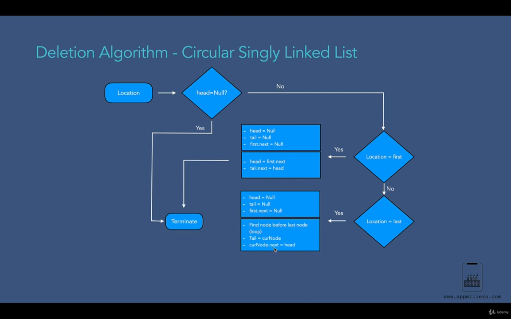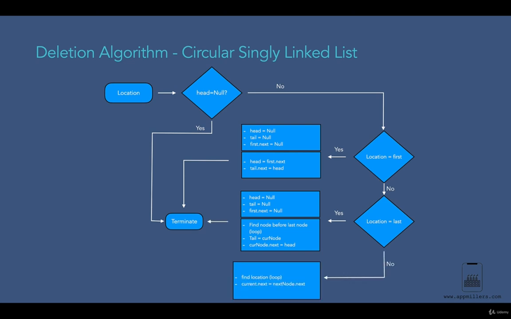By setting current node dot next to head, we are creating a reference between the current node and the first node. With this, the link between the last node and the first node gets deleted, and the link between tail and the last node gets deleted. So the last node is not referenced by any node, and it is going to be destroyed by the garbage collector. After doing so, our algorithm stops here.